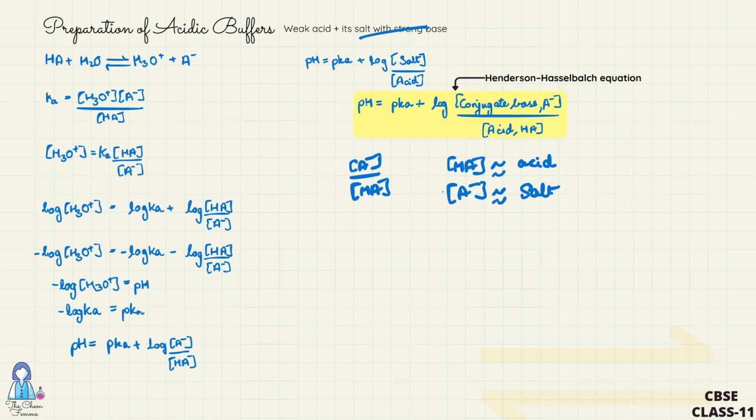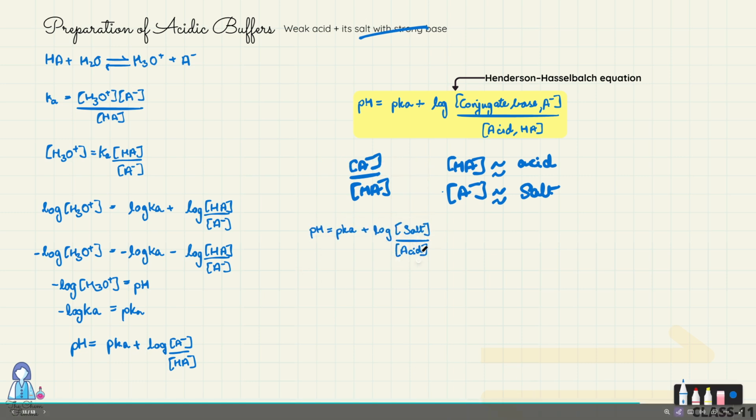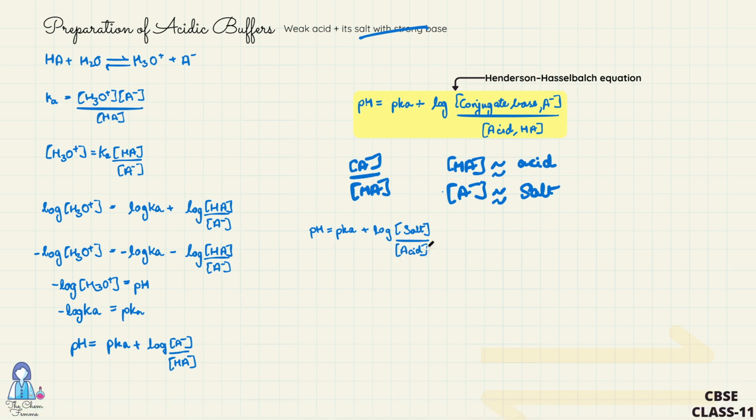This particular relationship where you have pH equals pKa. Okay, pH equals pKa plus log of the salt concentration divided by the acid concentration, because you have the salt, which is giving us the A minus ions, and you have the acid, which is giving us the HA ions.